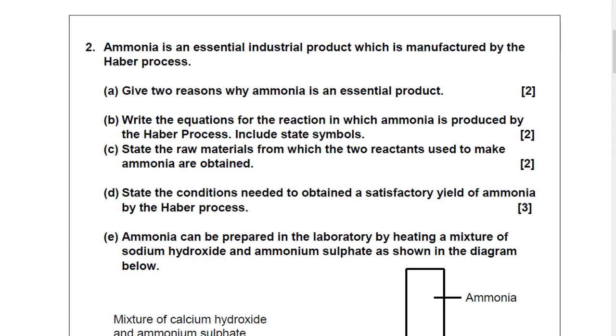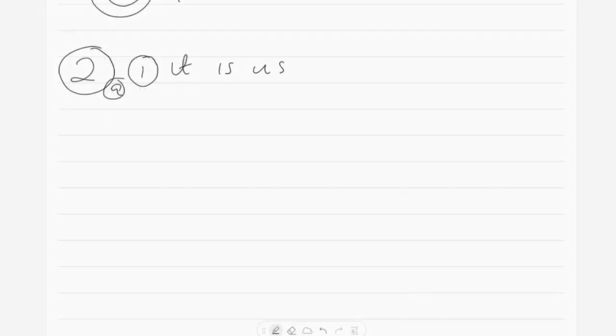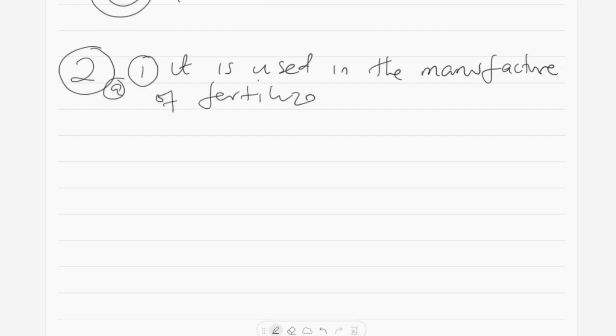Number 1, ammonia is used in the manufacture of fertilizers, e.g. ammonium sulphate.